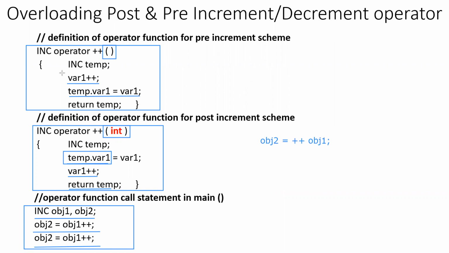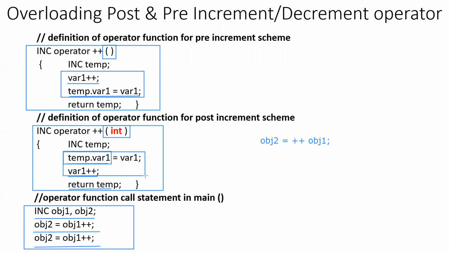Please look at this. The increment is happening first and then the assignment. Here the assignment is happening first and then the increment. So in first case, because the increment is happening first and then the assignment, the incremented value will be returned.